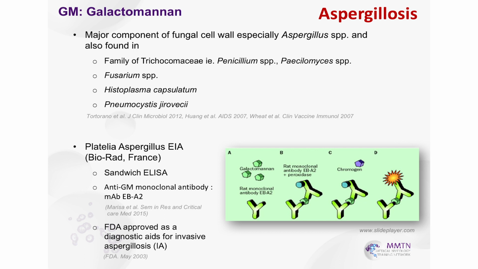Anyone who has used GM, please raise your hand. Oh, no hands. Oh, Betty, thank you. So most of you here also use galactomannan. But even though galactomannan started many years ago, it is still not definitive. You still have to apply it and interpret it.